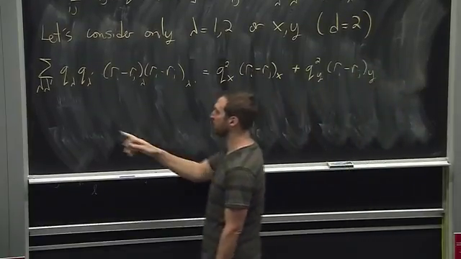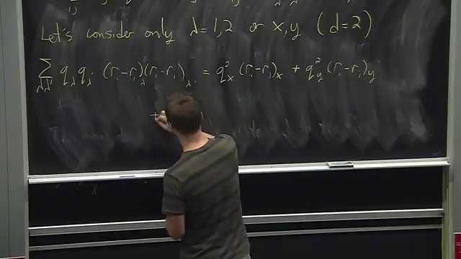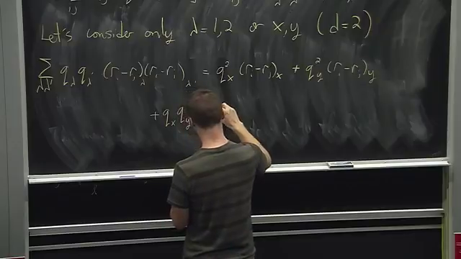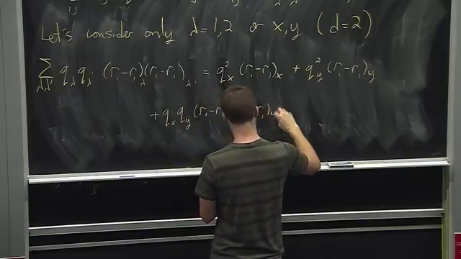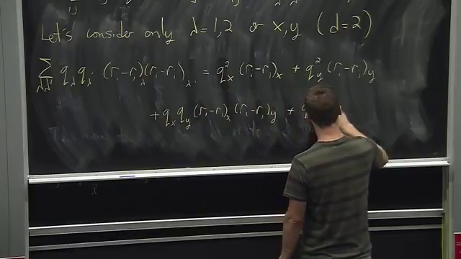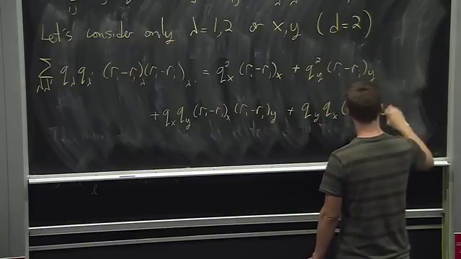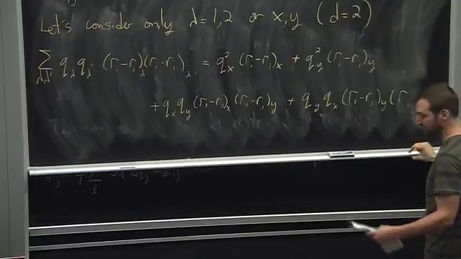But you can have lambda equals x, lambda prime equals y, and vice versa. So you need cross terms. Something like that.